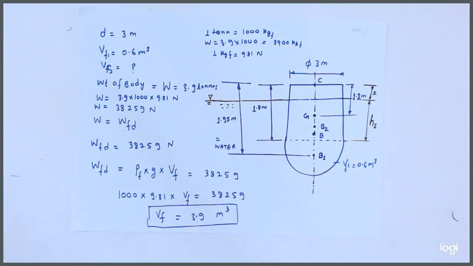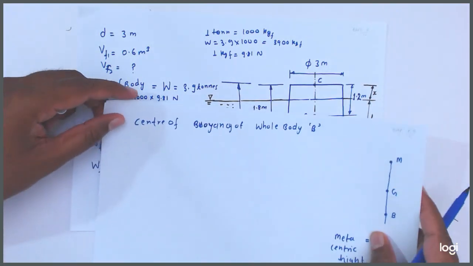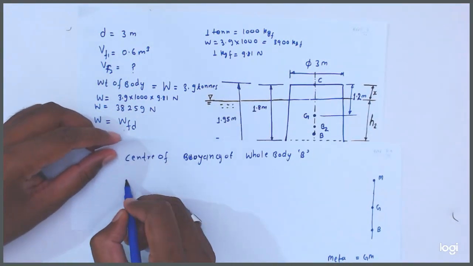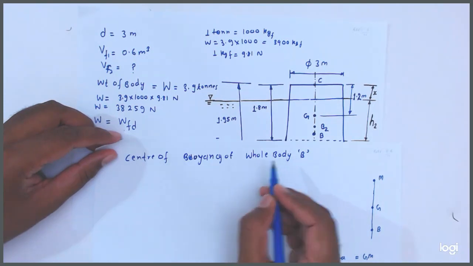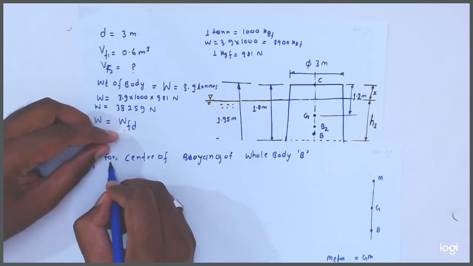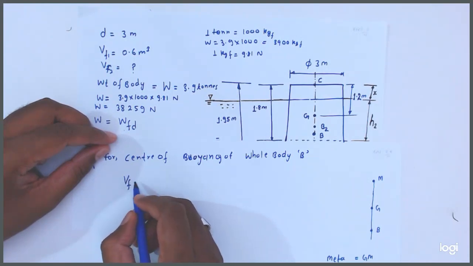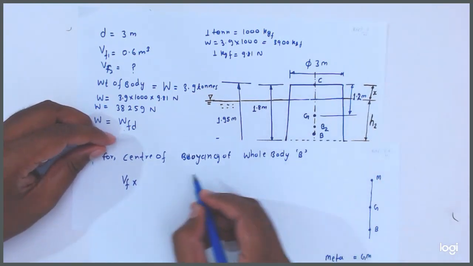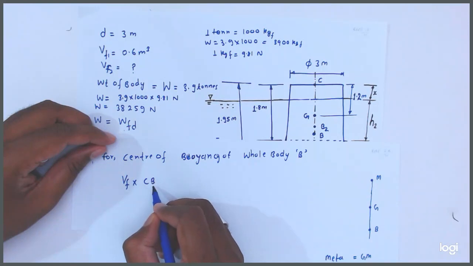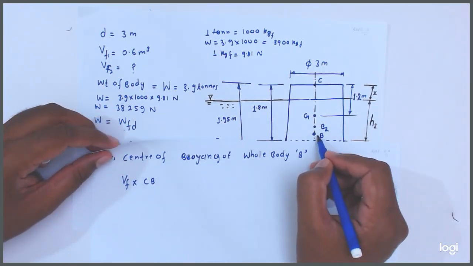Okay friends, let's understand here. For the center of buoyancy of the whole body, VF is the total volume of fluid displaced into distance CB, because this is the center of buoyancy of the whole body.